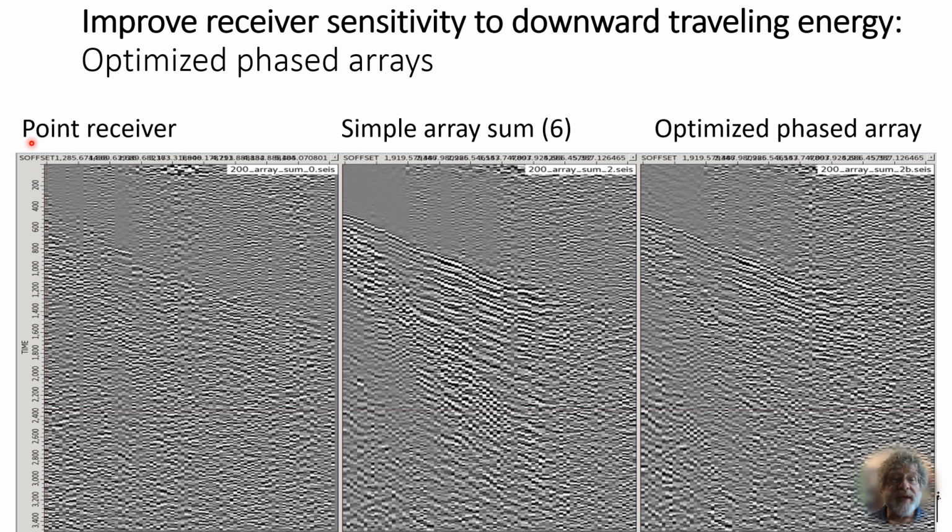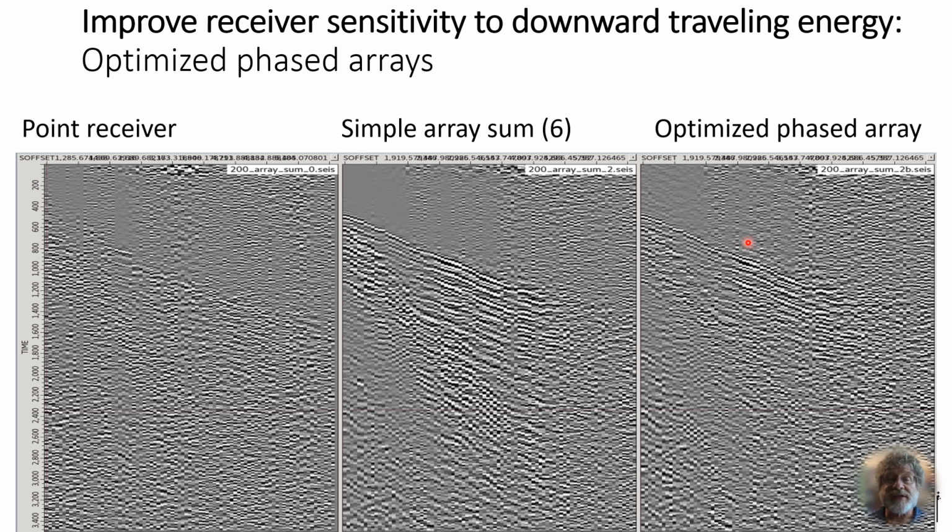On the left, we have a point receiver. In the middle, I've taken 6 of those receivers and just done a straight sum, as the old analog arrays would be. You can see we've significantly improved the signal noise quality, but the refraction multiples are strong.